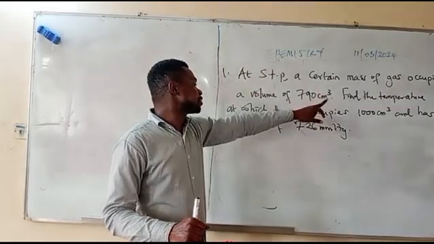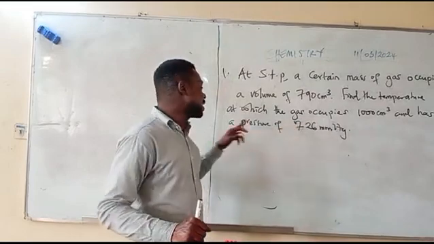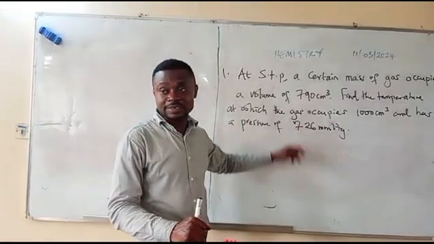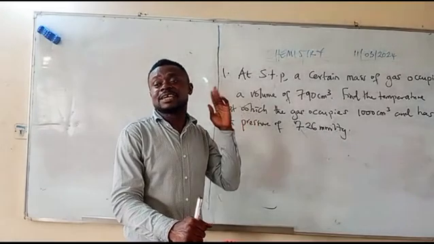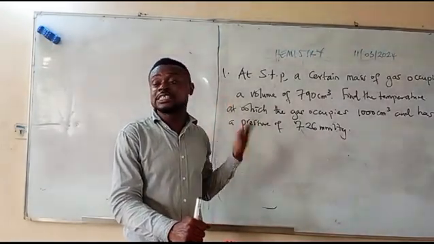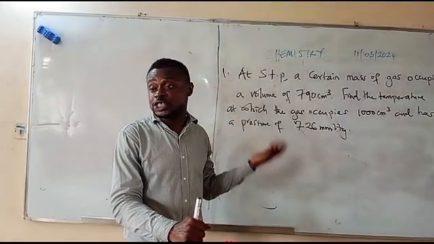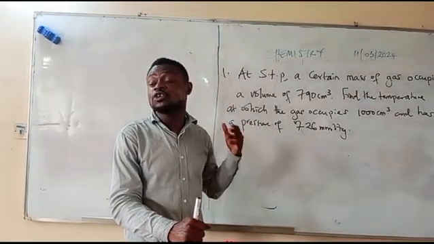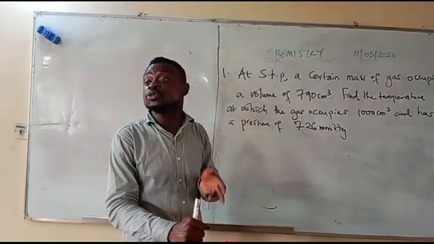Find the temperature at which the gas occupies 1000 cm³ and has a pressure of 726. You can call the standard temperature and pressure T1, P1. Anyway, you can call them T1, P1, or T2, P2.